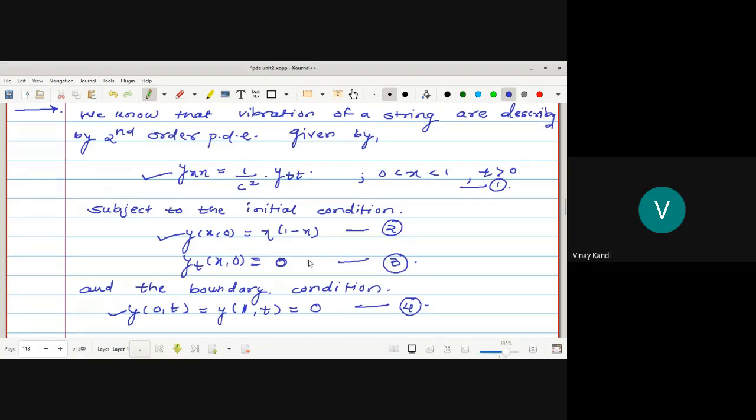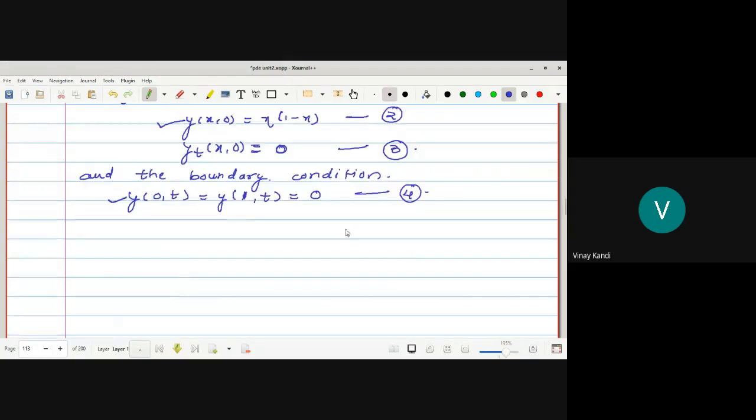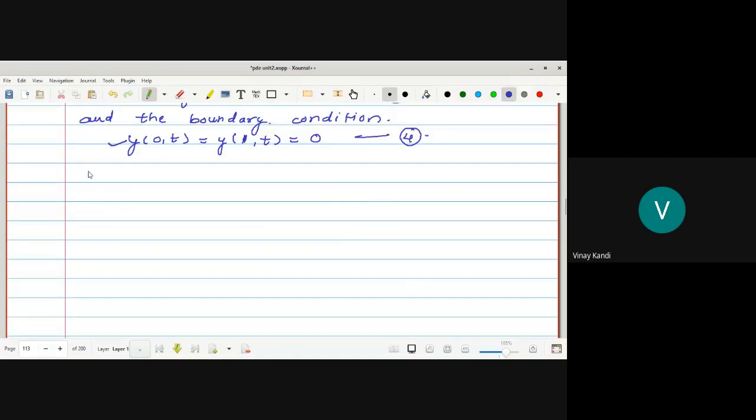Okay, look at this. By the variable separation method, we have to find the solution of that partial differential equation by the variable separable method.